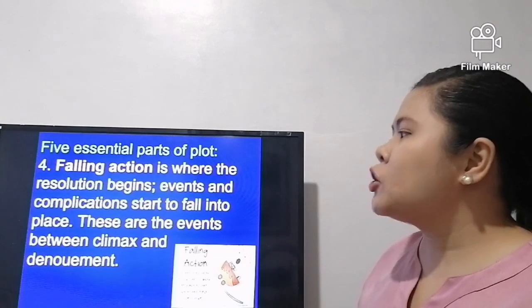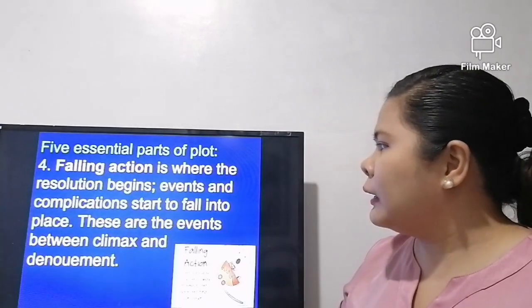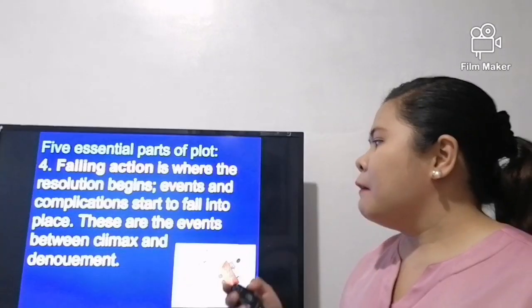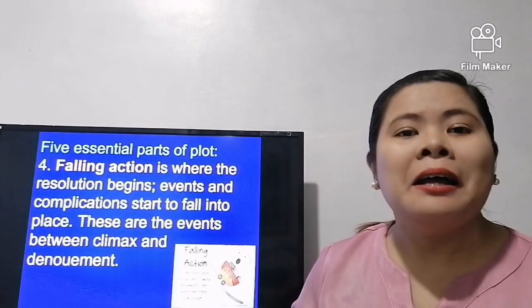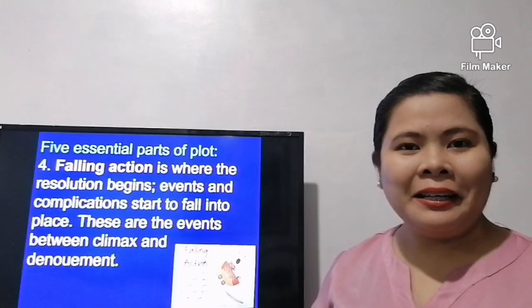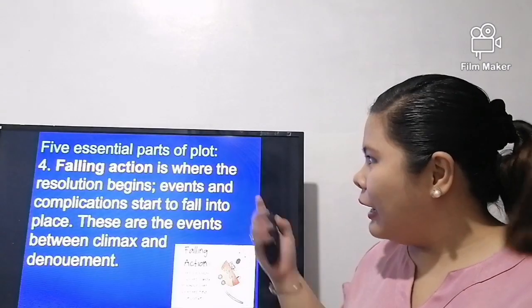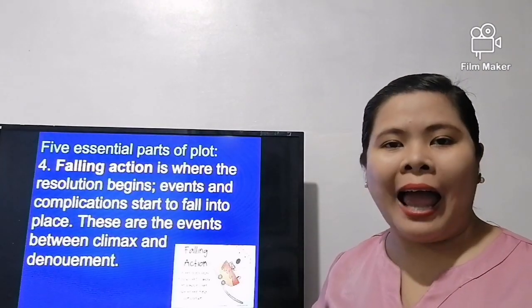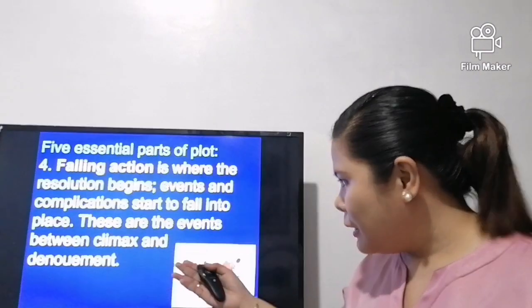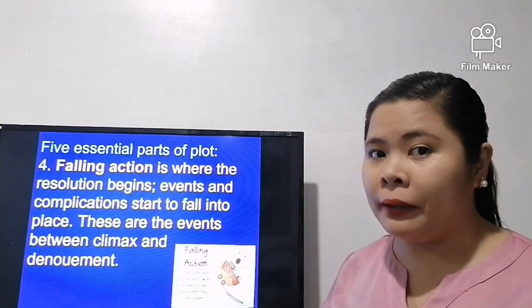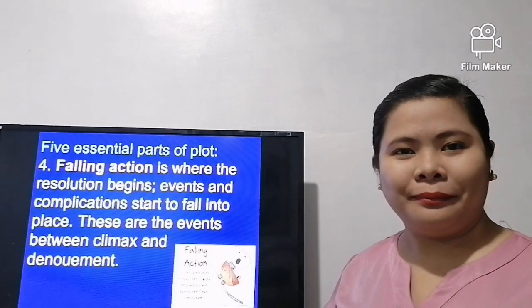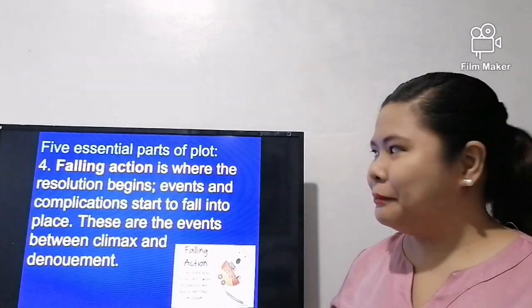Events and complications start to fall into place. These are the events between climax and denouement. Okay? Once again, that is what we call falling action. Will you please pronounce the last word? Repeat after me. Denouement. Very good.